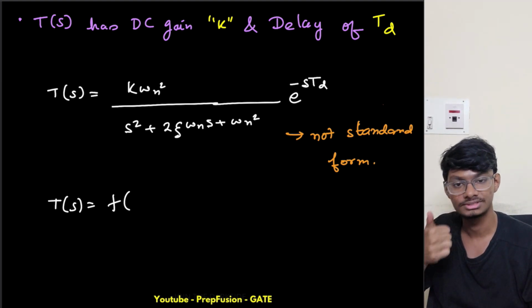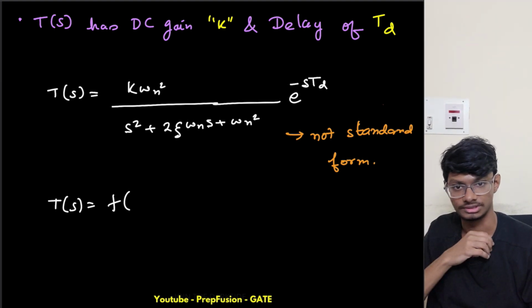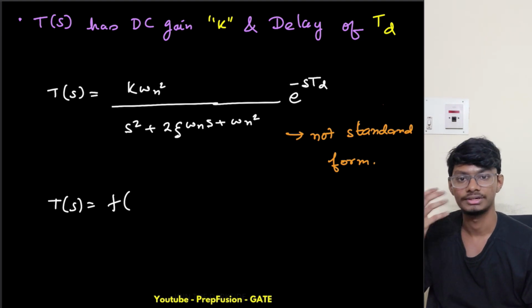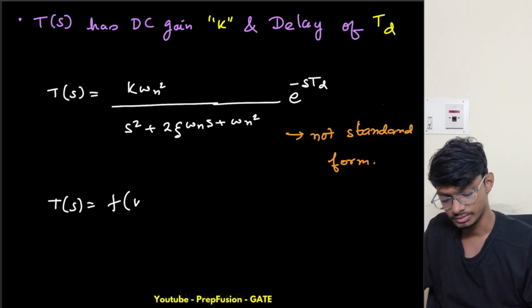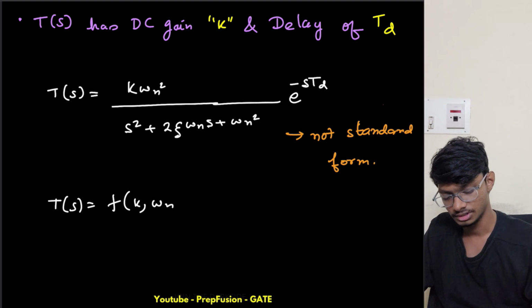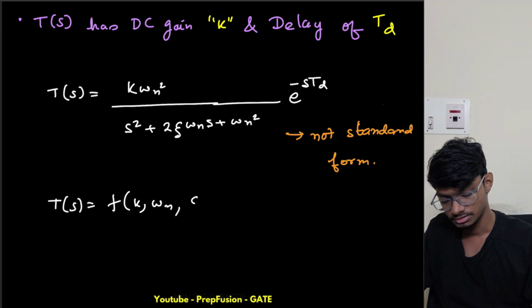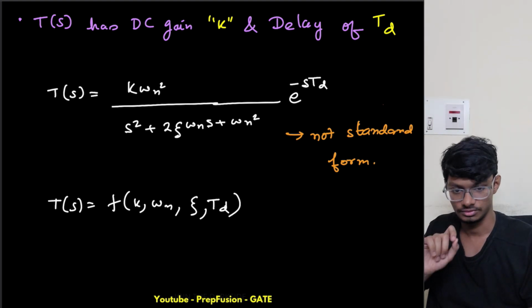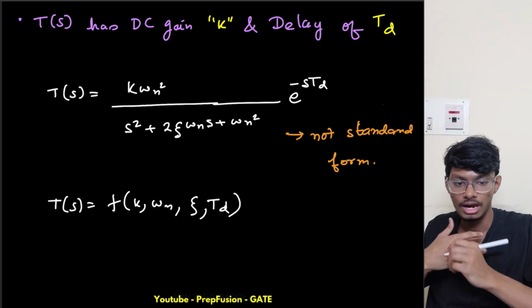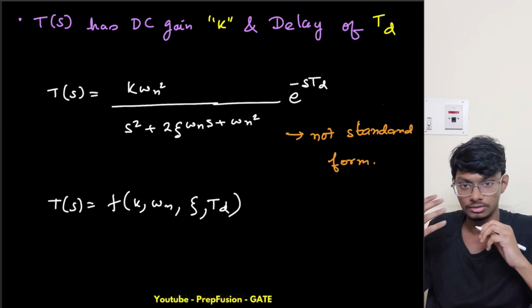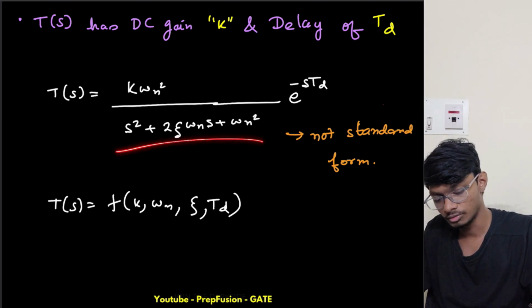Most of the time this delay is 0 and k equals 1, DC gain is 1, but it may so happen my DC gain isn't 1. So just be careful of the non-standard things and how to identify standard.